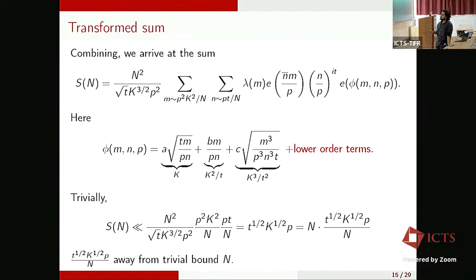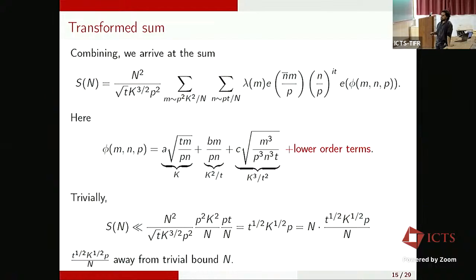If we try to see where we are at this stage, you put absolute values everywhere, multiply these lengths, and arrive at this quantity. The trivial bound we started with was n, and now we have n times this extra factor.